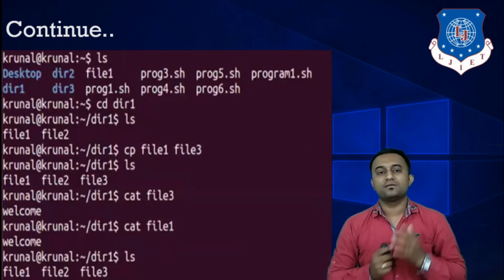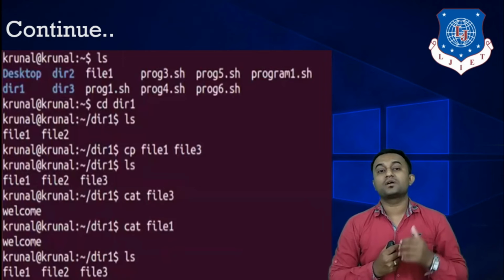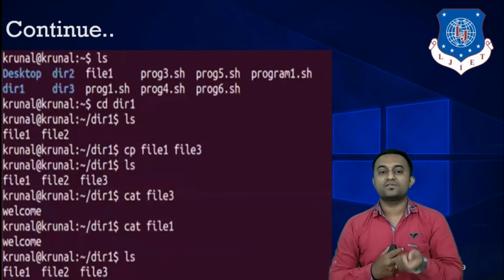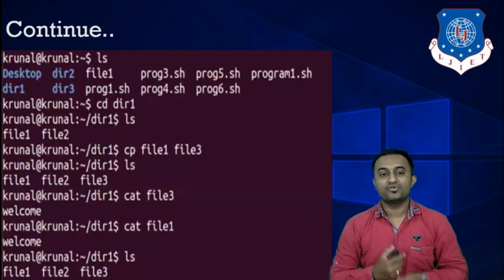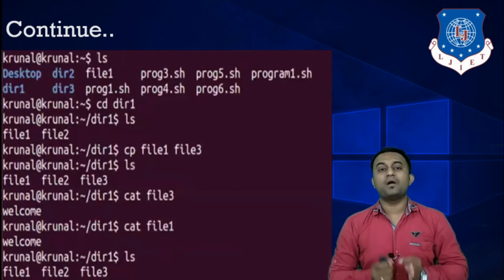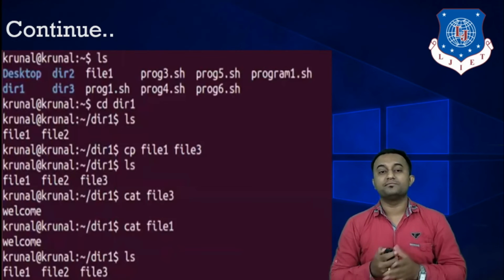So file 3 is created, but I need to check one more thing: whether the content of file 1 is copied into file 3 or not. So I will first of all fire cat space file 3. So cat space file 3 contains welcome, and in the same way cat space file 1 contains the same information, welcome. So it means what? Yes, the cp command is successfully executed.